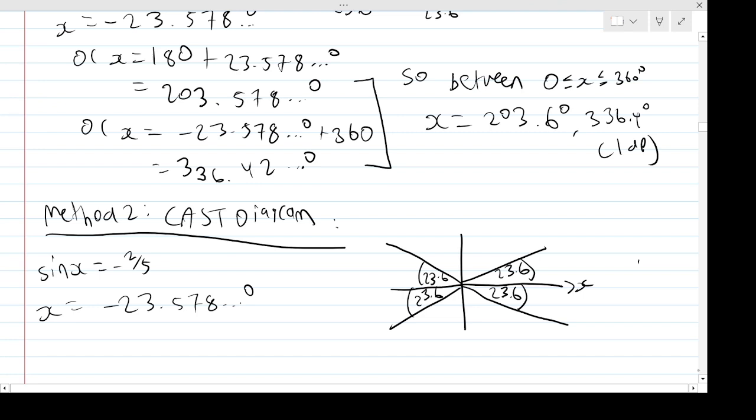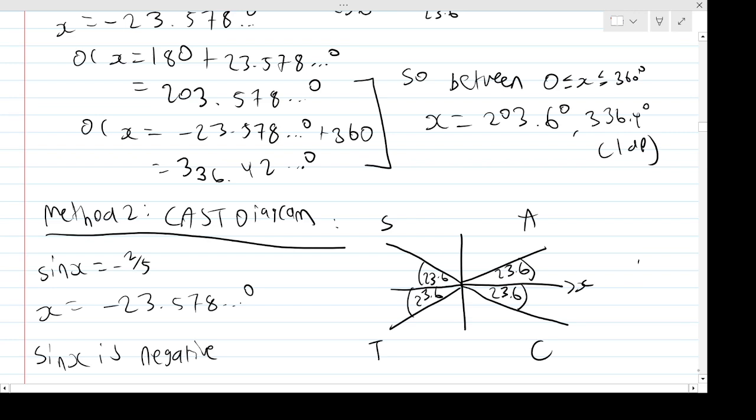So which other angle do we accept then? Well, if we label our diagram CAST, sine x was negative, so I'm going to say sine x is negative because obviously it's negative 2/5. So we want the angles to be in the space where sine is negative.